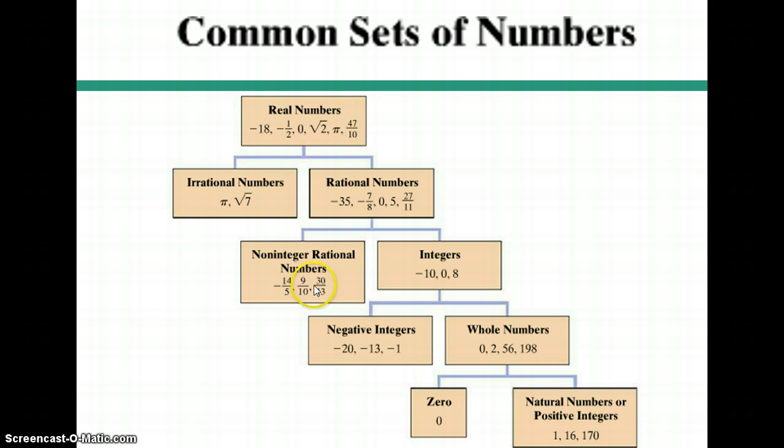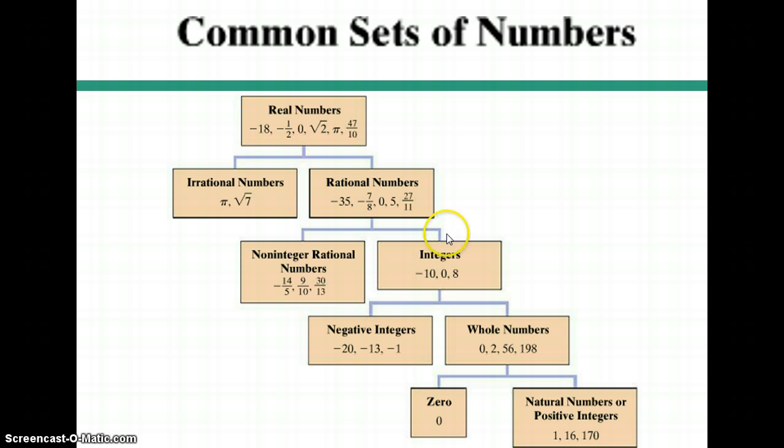Look at some examples of non-integer rational numbers: minus 14 over 5, 9 over 10, 30 over 13. Here in integers, look at some examples: negative 10, 0, 8.